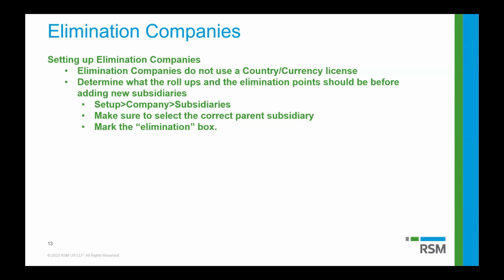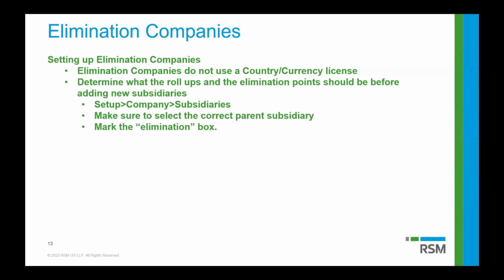An elimination company does not use a country currency license. That's really important. There's no limit on the number of elimination companies that you can have, and it doesn't chew up licenses. So that part's really important.